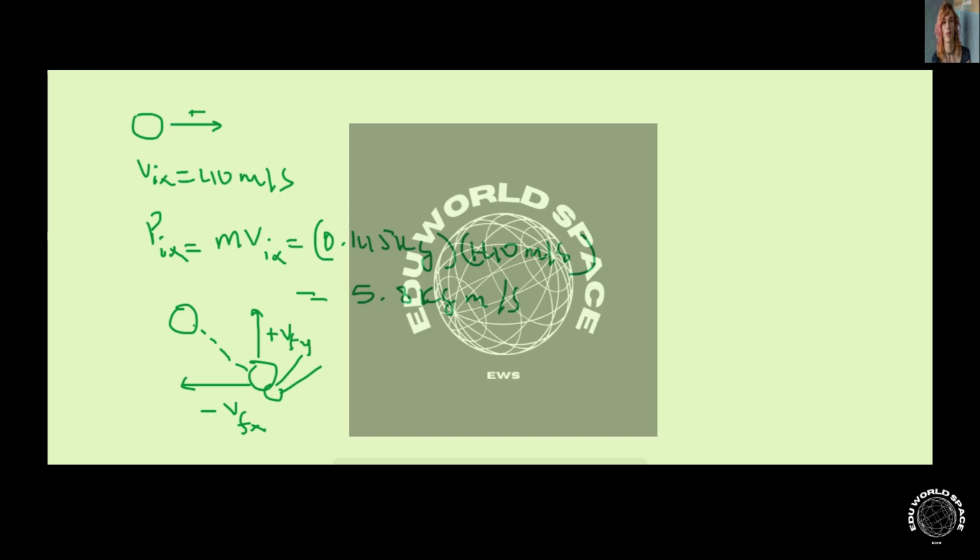If you look at the problem, they're telling us that this ball is traveling upwards. So if we want to get the final momentum in the x, we'll need to take the mass times the final velocity in the x, which is going to be negative because it's pointing in the opposite direction.